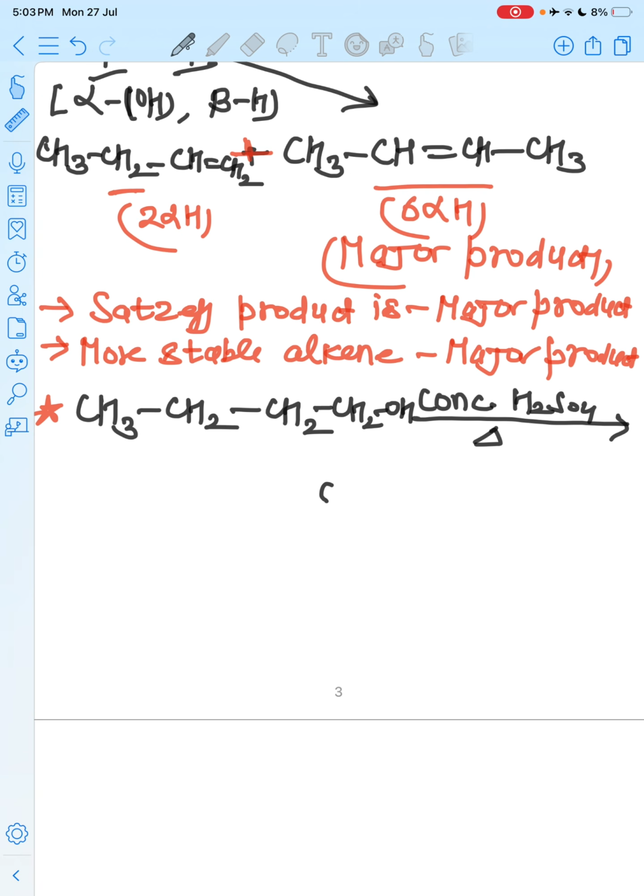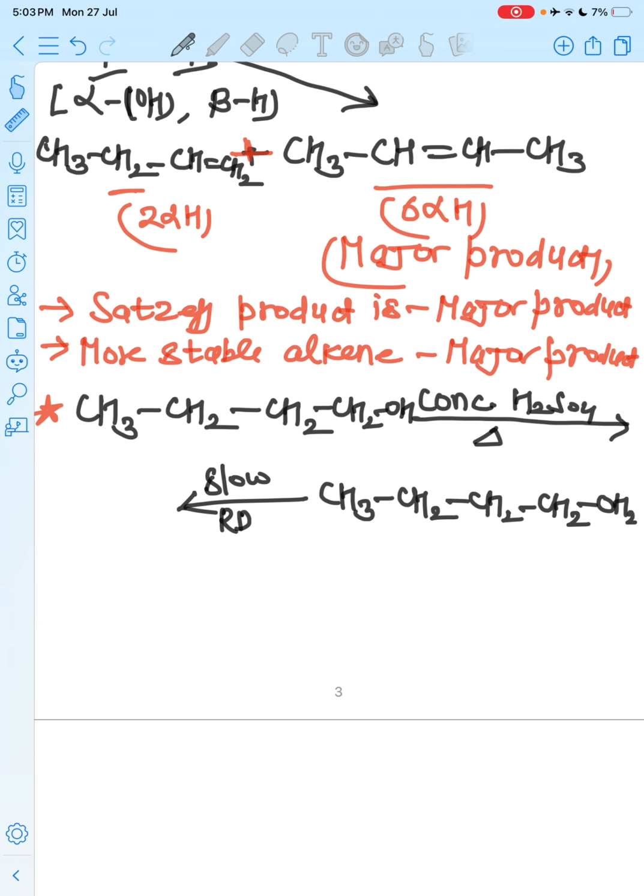Now our first step will be protonation. This is the first step. एक होगा slow step, which is rate determining step, which is your plus water. Removal of water is rate determining step.